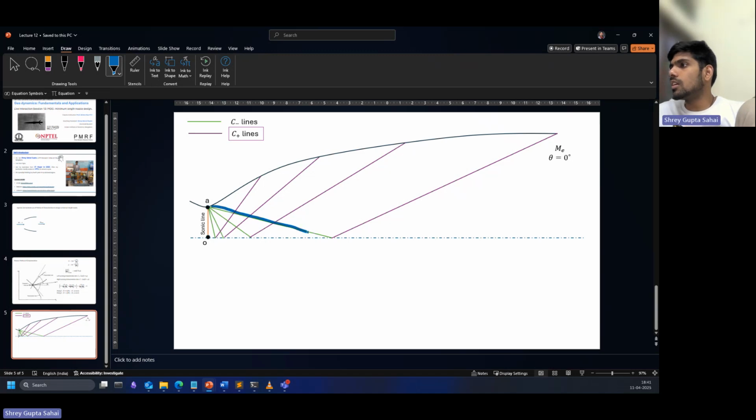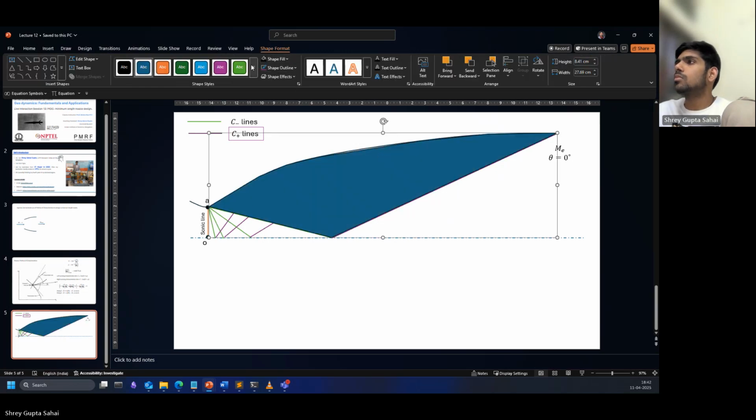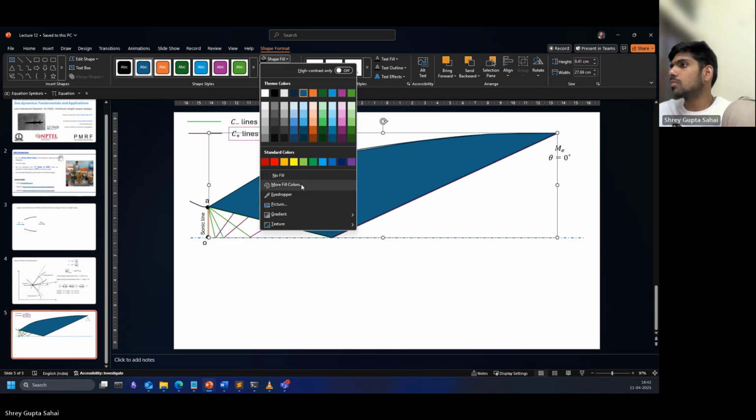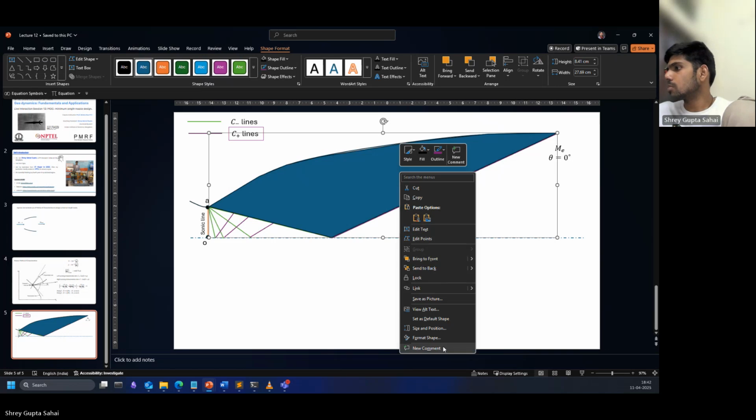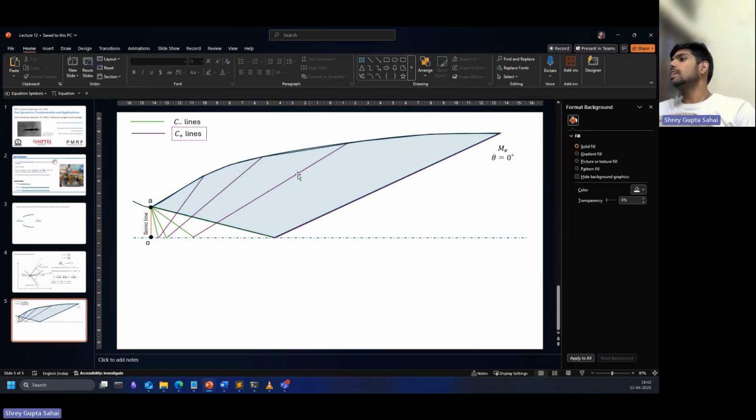So if I look at this part of it, this is a distinctive region.